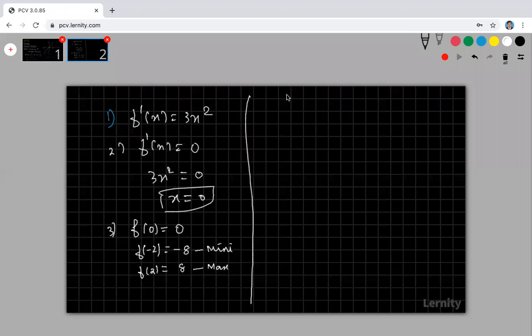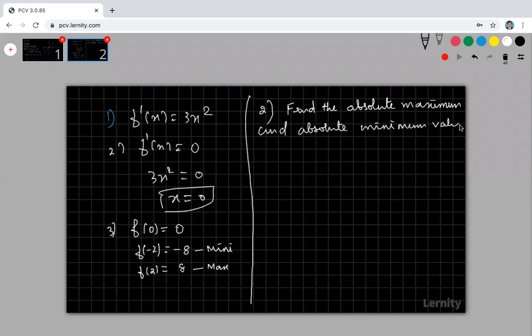So now look at that. I'm going to give some other problem. Second problem: find the absolute maximum value and absolute minimum value for the following function.